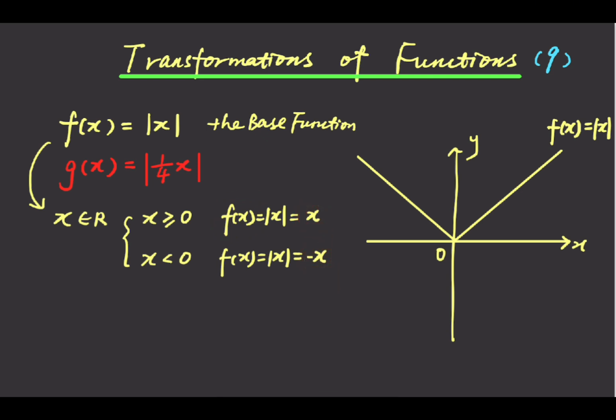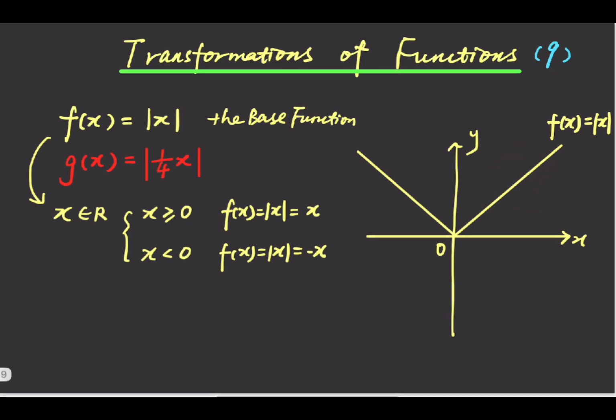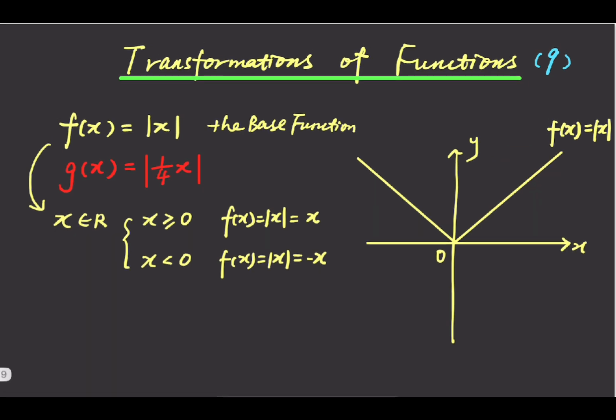But you need to know that x and negative x here are non-negative numbers. In the Cartesian plane, we can sketch the graph of this function. In quadrant 1, x is a positive number. That is to say, for any point on the curve, the x coordinate and y coordinate are equal to each other. f(x) can be replaced by y, so y equals x.